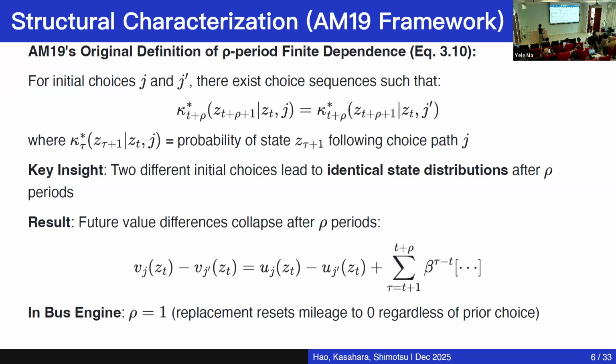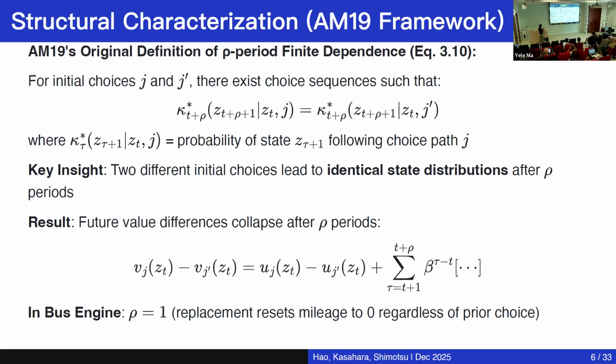If there exists a sequence of weights from T+1 to T+rho making the conditional distribution of the state appear exactly the same after you follow such a sequence of choices, then this model exhibits rho-period finite dependence.